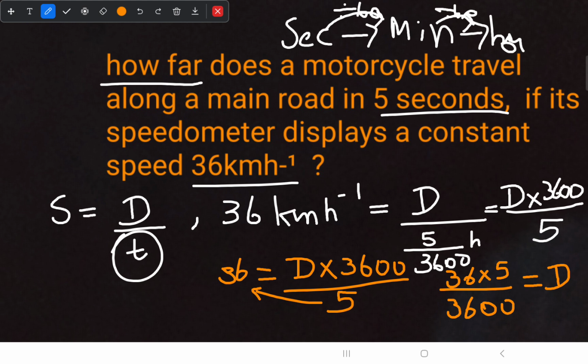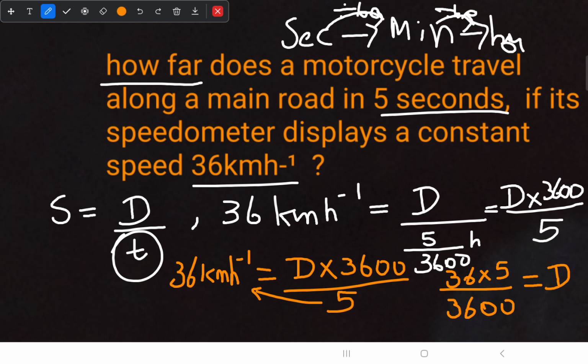Why is that? Because here this is in kilometer per hour. When we multiply this, I'll use the units here once more. It's 36 kilometer per hour.